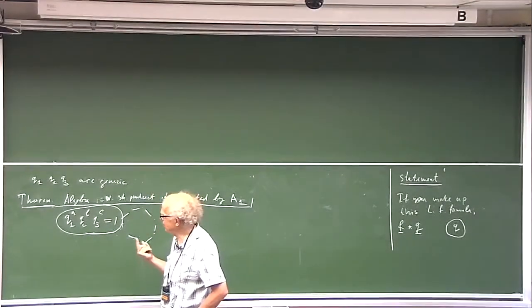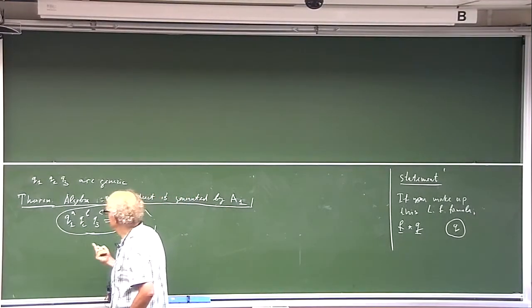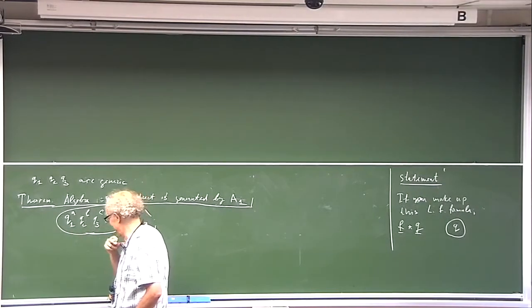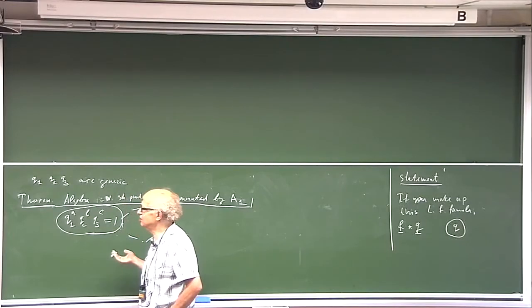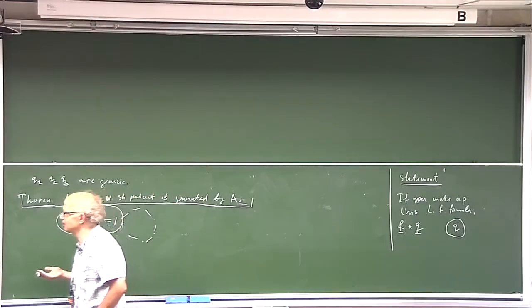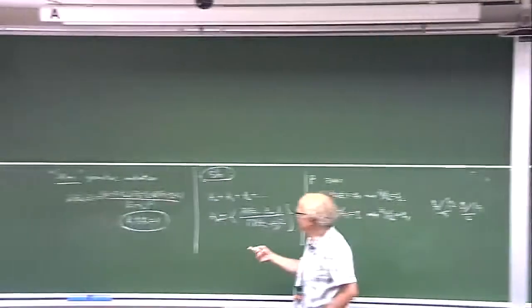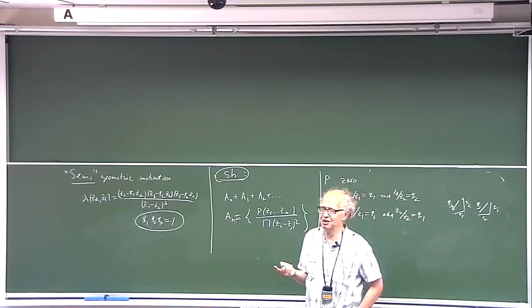The opposite question is the following. Suppose you have Q1, Q2, Q3 which satisfy resonance conditions. Is it true that the algebra of functions which are zero on the wheels is generated by A1 in this case?